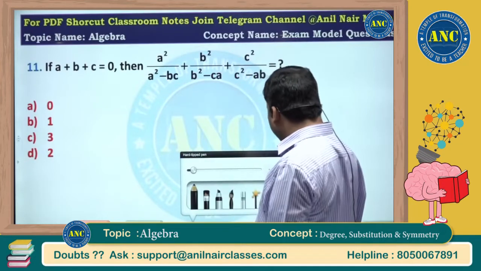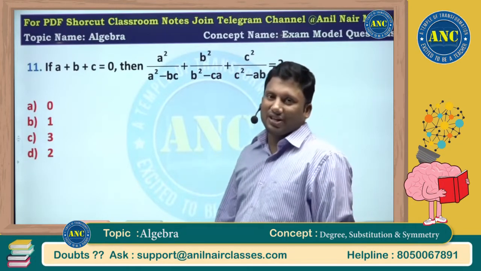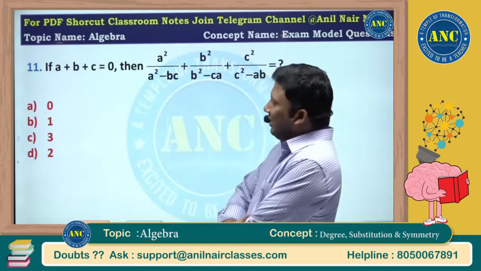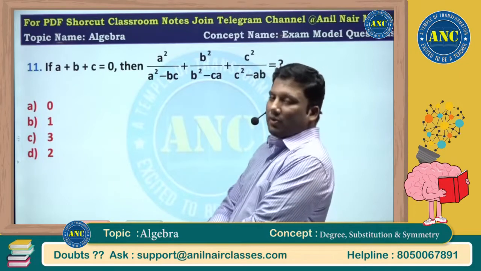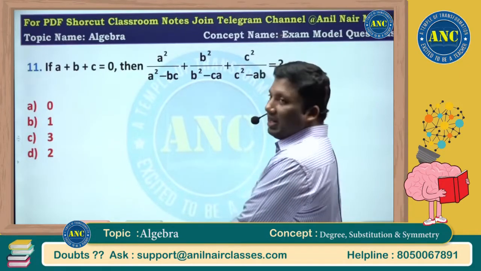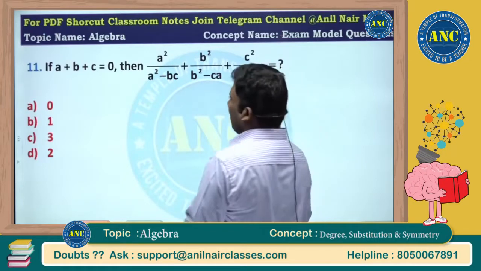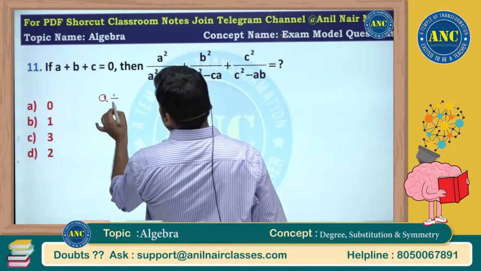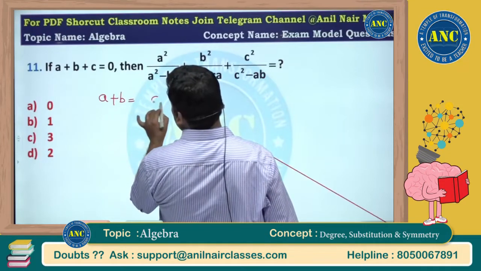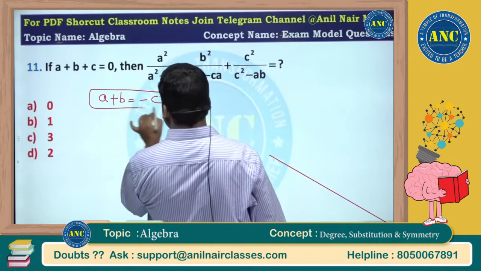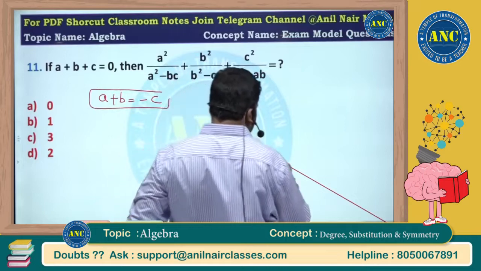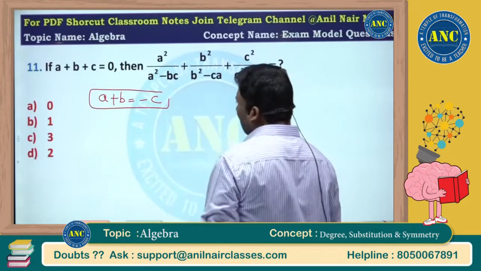Question number 11. Read the question. If a plus b plus c is equivalent to 0, a square by a square minus bc, b square by b square minus ac, c square by c square minus ab. The only thing is, in the denominator I should not get 0. If the denominator is 0, then this dependent variable method will not work.